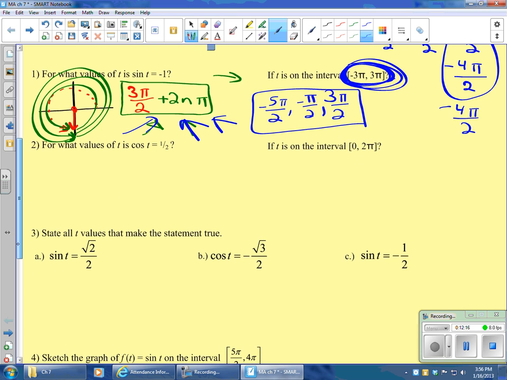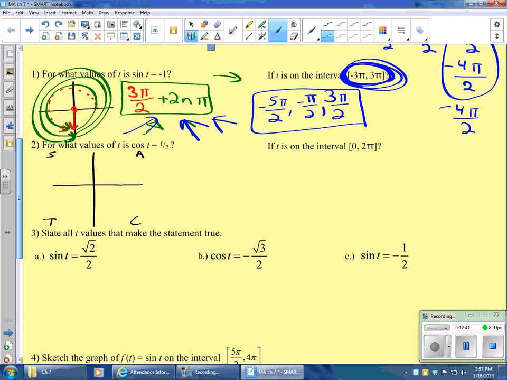Number 2, a little bit different because now we're going to have to start looking at triangles, and this is where you've got to remember your 30, 60, 90 stuff and your 45, 45, 90. It wants to know when the cosine equals a half. First thing is that it's a positive number. If you think back to the all students take calculus, I only want cosine where cosine is a positive number.